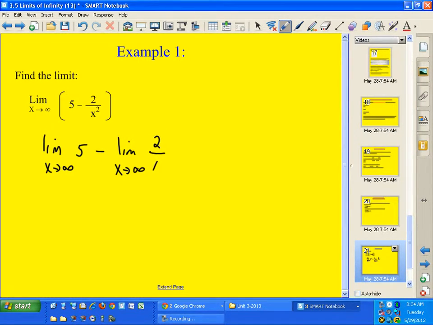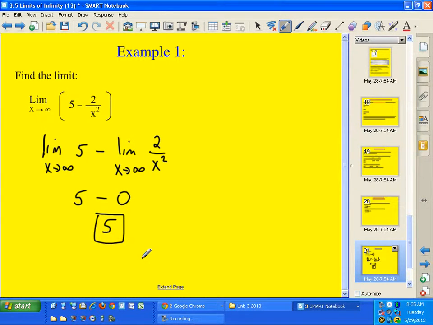We break them apart. Remember that the limit of any constant is always just going to be that number, so that is 5. Then here, by the previous property, if I take this to infinity, 2 over infinity squared is going to be a really, really small number, so we basically call it 0. So we end up with 5 as our limit for this function.